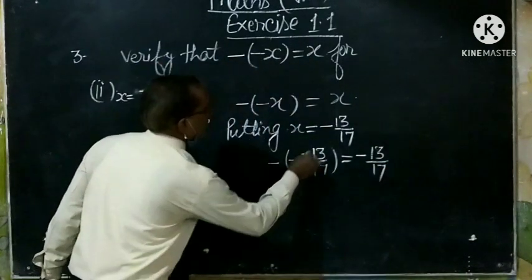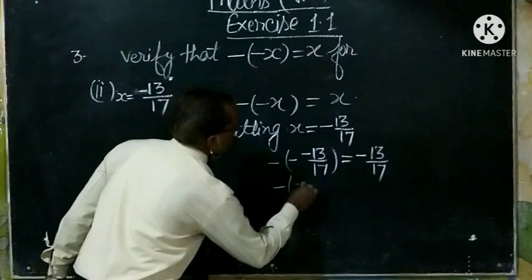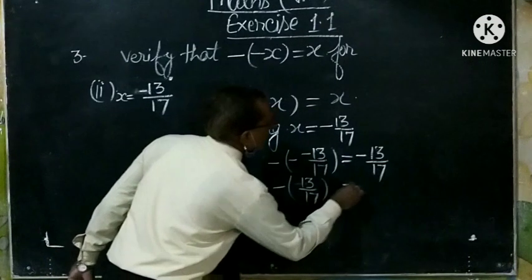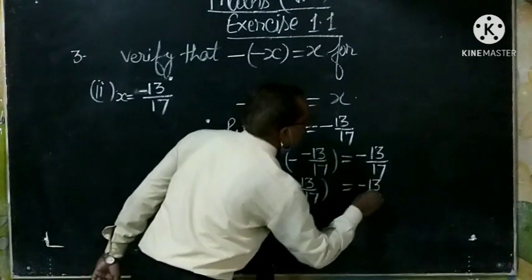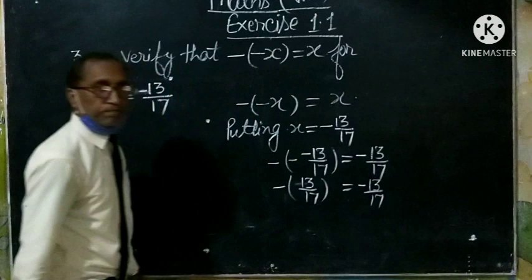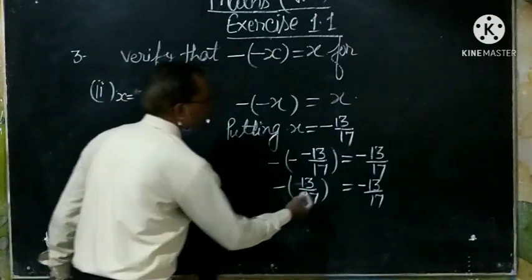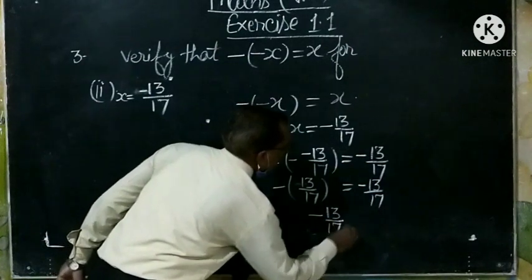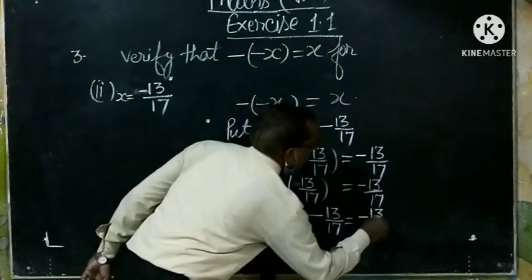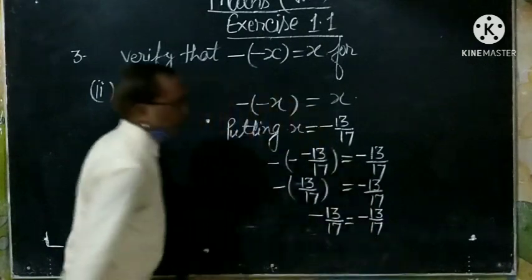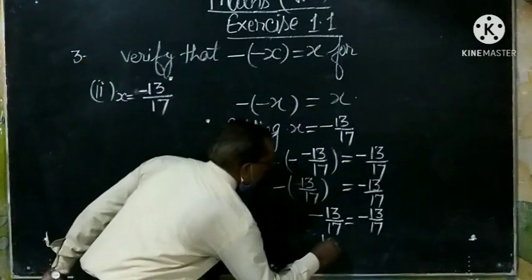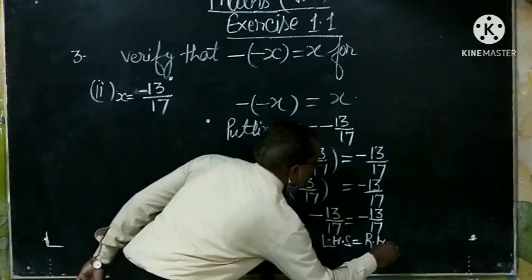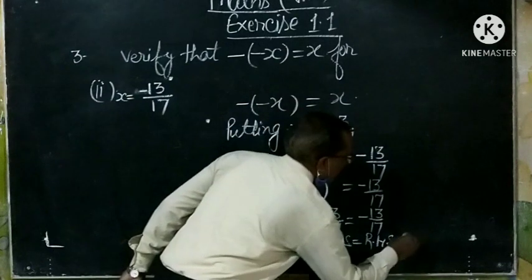When you multiply minus into minus, you get plus. Then 13 upon 17 is equal to minus 13 upon 17. When you multiply minus into plus, you get minus 13 upon 17 is equal to minus 13 upon 17. Means LHS is equal to RHS. Hence verified.